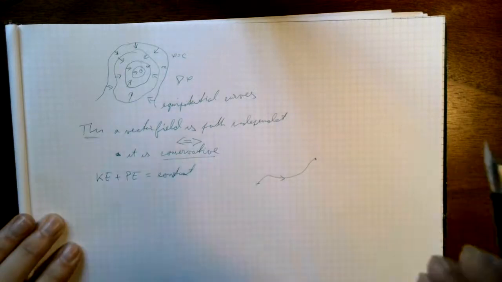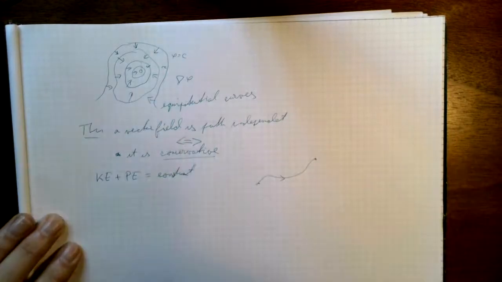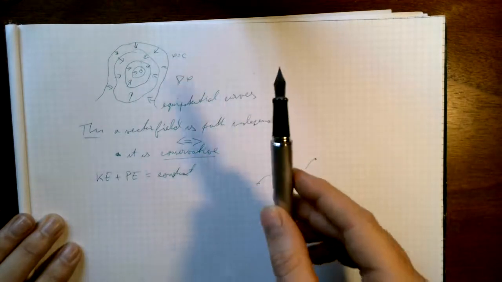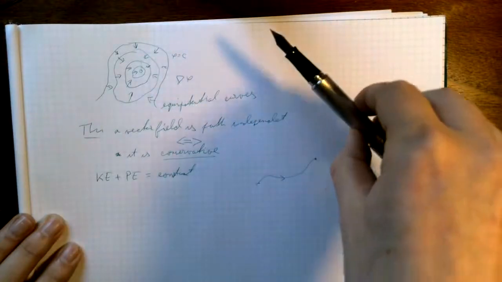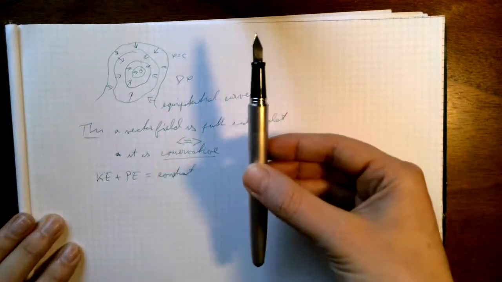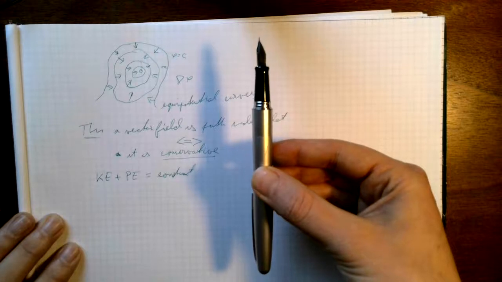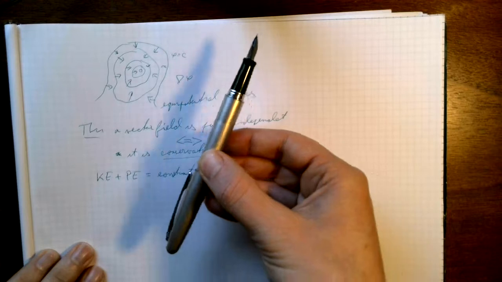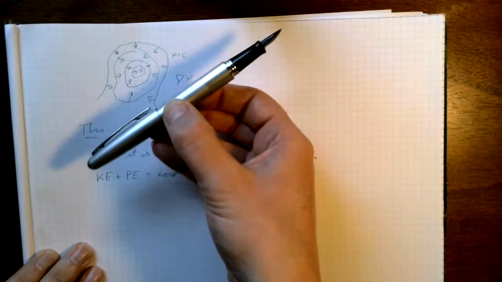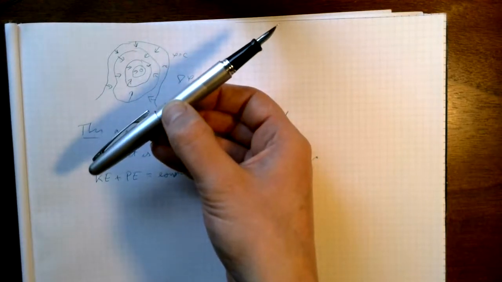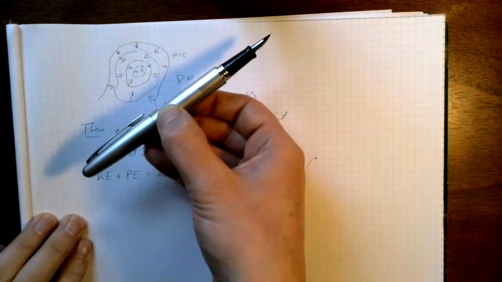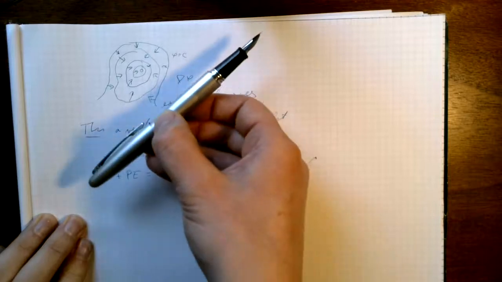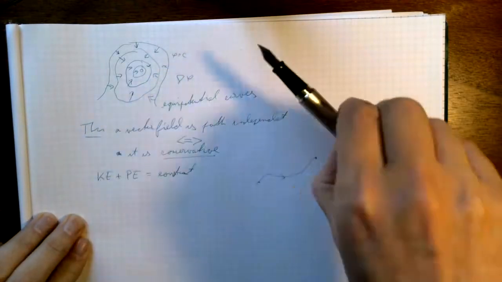When the pendulum is all the way in the center, it's swinging like this, the potential energy is at the minimum, and the kinetic energy is at the maximum. And as it's going up here, the potential energy is at the maximum, and its kinetic energy is zero, because it's not moving at all when it changes direction.